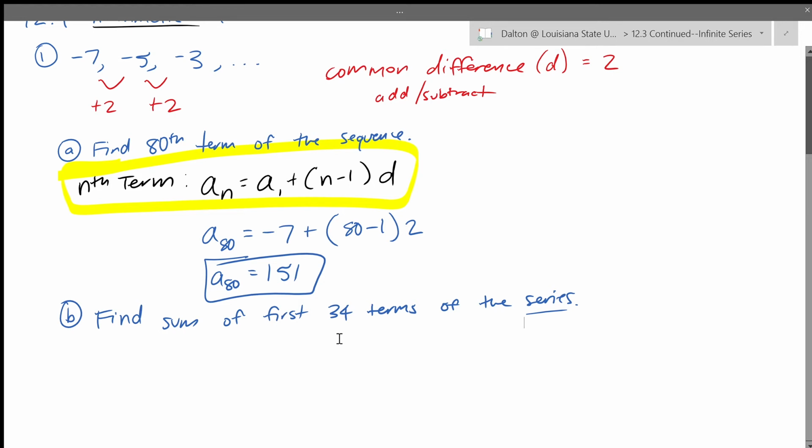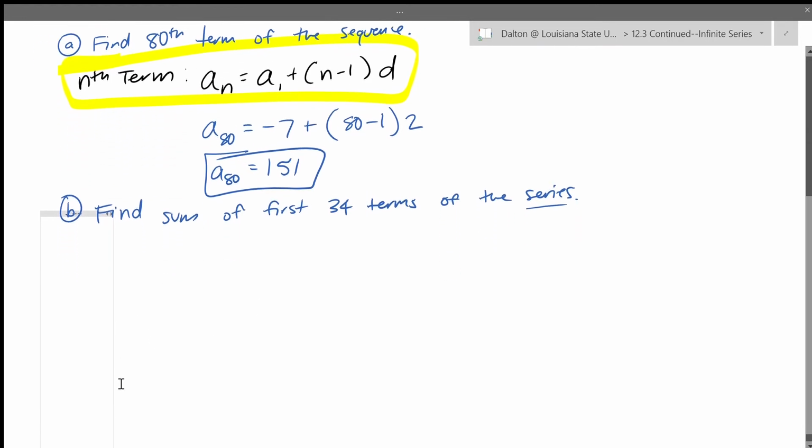If I ask you for the sum of the first 34 terms, you can find the first 34 terms and add them up all together, or you could use this formula, S sub n is equal to n over 2 times a sub 1 plus a sub n. And this is for arithmetic.